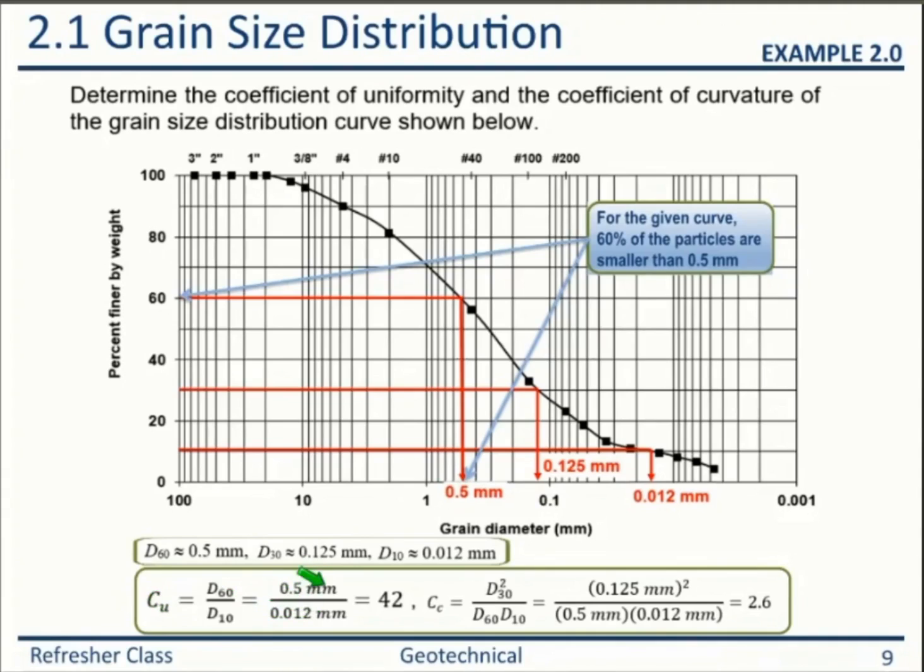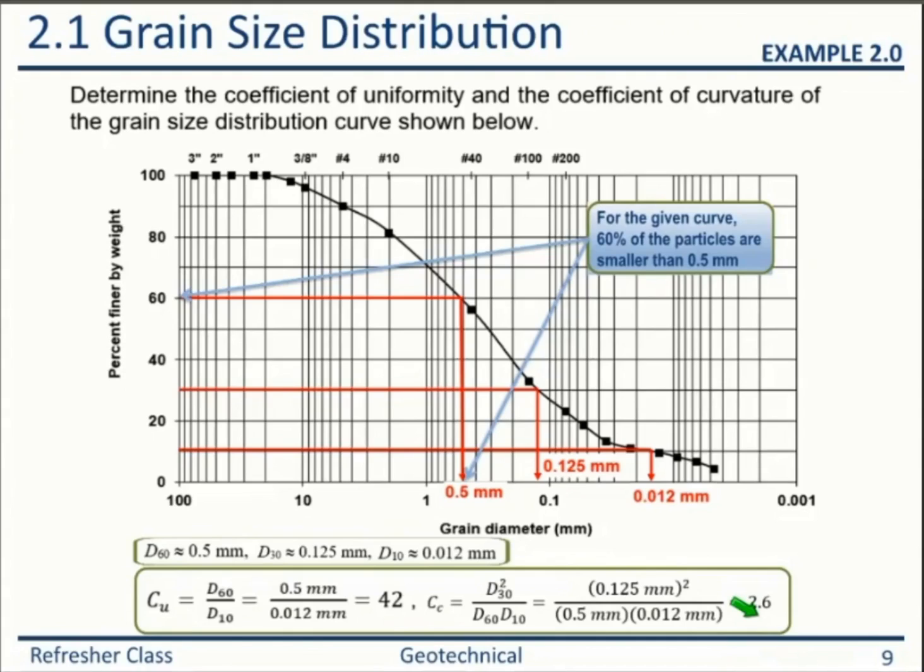Millimeters by millimeters cancel out, so this is a number, an index. Similarly, C sub C, coefficient of curvature, is D30 squared divided by D60 times D10. D30 is 0.125, and do not forget to square it, because we have millimeters at the bottom, another millimeter there, so that has to cancel out to get the number. Again, this is an index number. This is how you can calculate C sub U or C sub C.